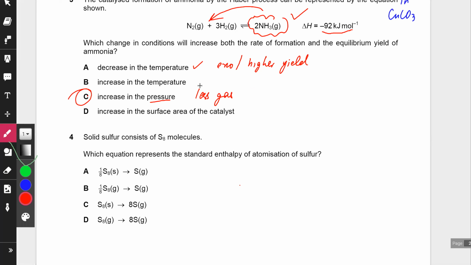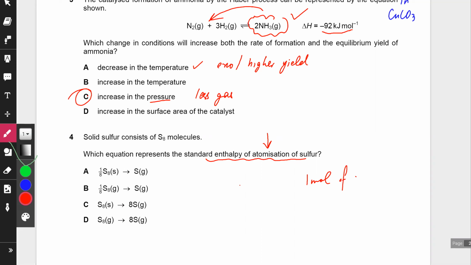What is the standard enthalpy change of atomization of sulfur? I mean, what is the definition first? Can anyone tell me what the definition of atomization is? 1 mole of what? Of sulfur, right? 1 mole of product.